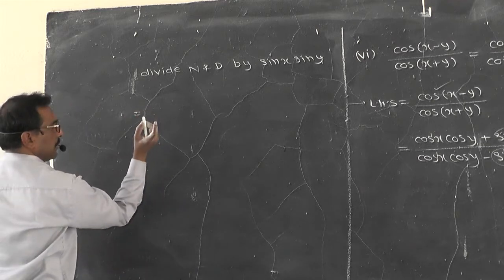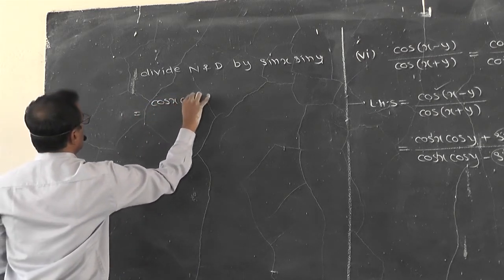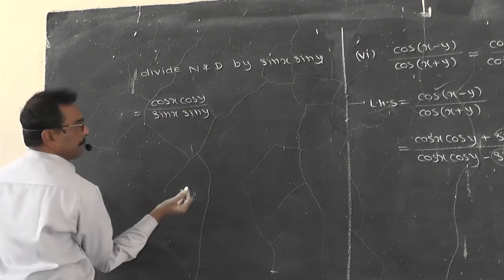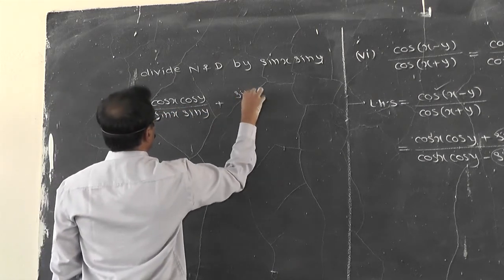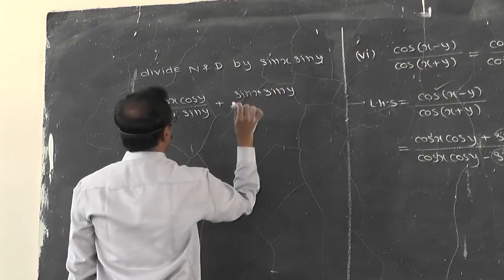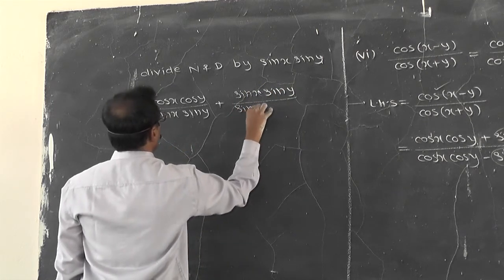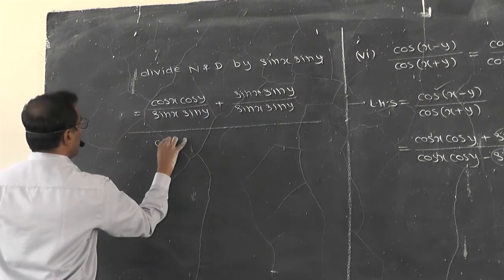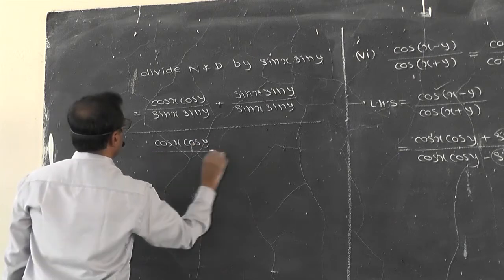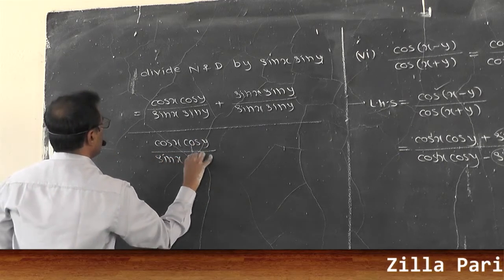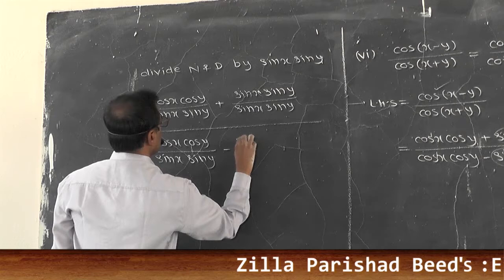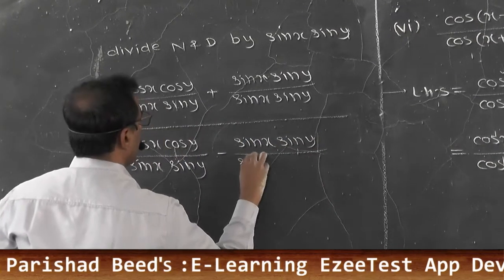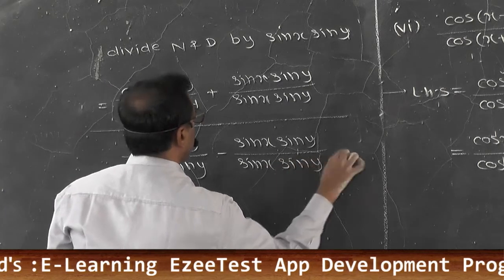So your expression becomes cos x cos y divided by sin x sin y plus sin x sin y divided by sin x sin y, the total divided by cos x cos y divided by sin x sin y minus sin x sin y divided by sin x sin y.